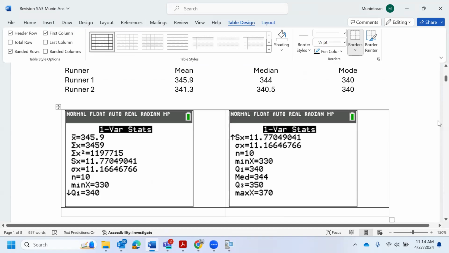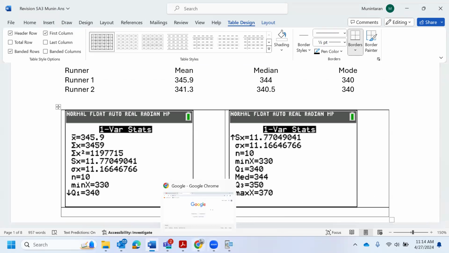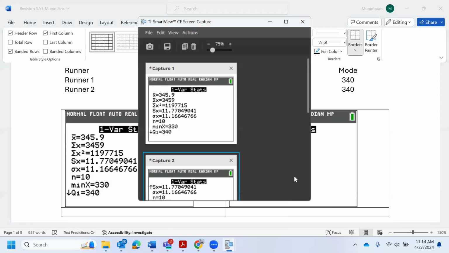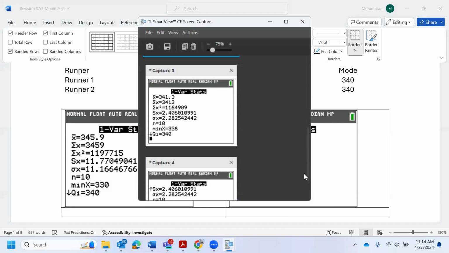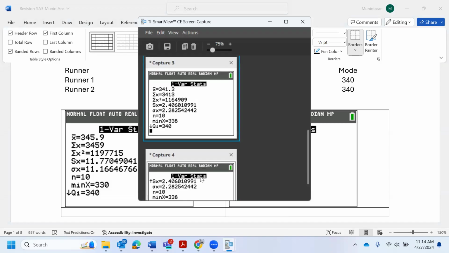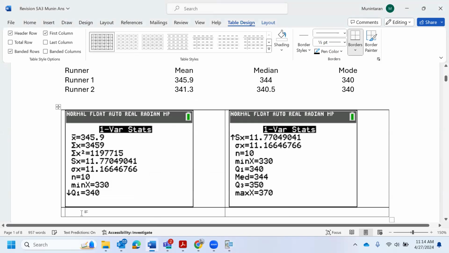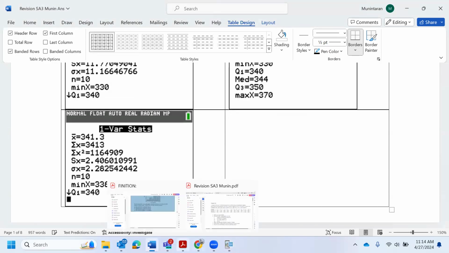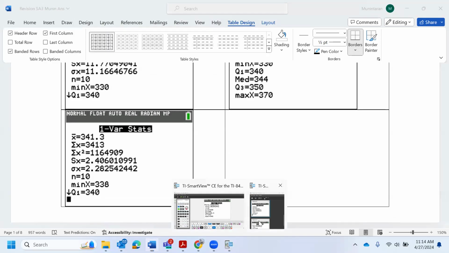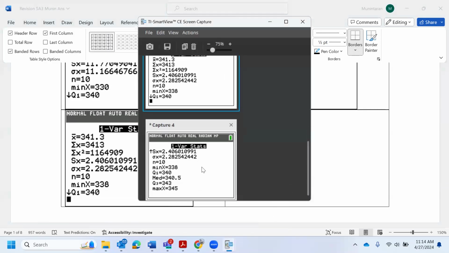That's for the runner 1. And then we will do the same thing for runner 2. Copy, control E.